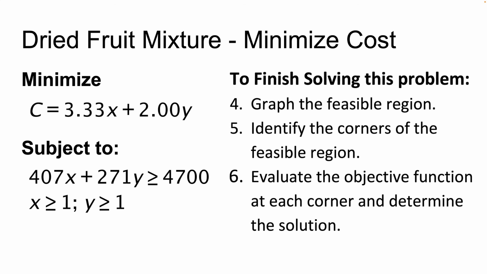Now that we've set up this problem, to finish, all you would need to do would be to graph the feasible region, identify the corners, and then evaluate the objective function at each corner so you can determine the solution. If you want to see the specific details on how to complete these last 3 steps, please see the video linked in the description below.